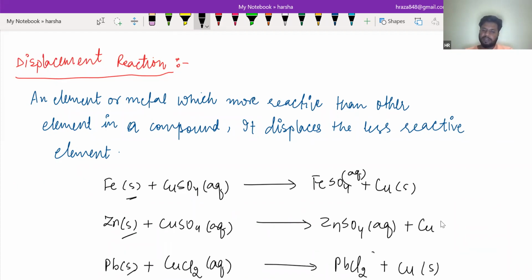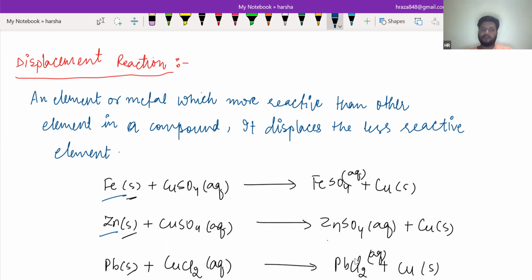This is solid, this is aqueous, this is solid. So the examples I have given, iron, zinc, and lead, are all more reactive than copper. That's why they displace copper in its aqueous solution, and form ferrous sulfate, ZnSO4, and PbCl2.